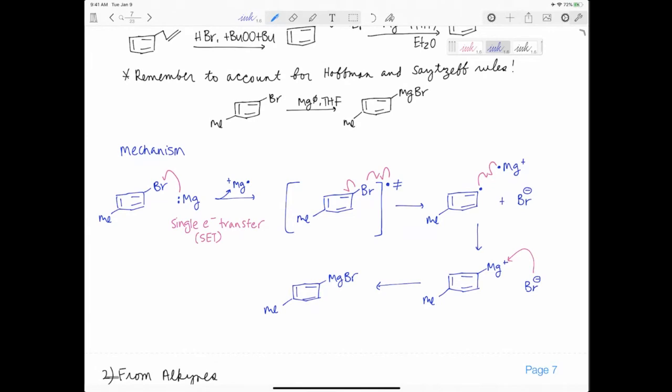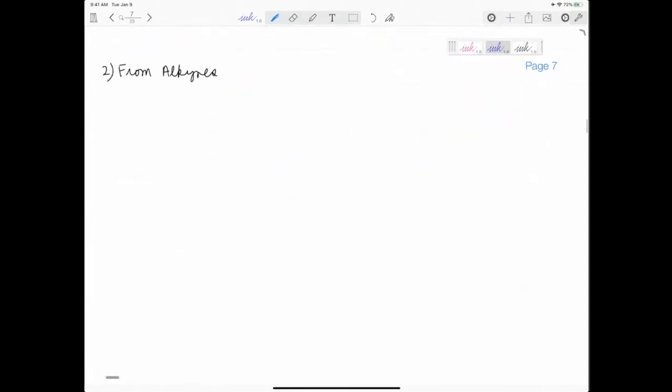All right, let's look at alkynes then. You can also prepare it from alkynes. Why? So let's consider the reaction, right? A terminal alkyne, rather a hydrogen proton at the terminal end of the alkyne, has a pKa of what? 25.